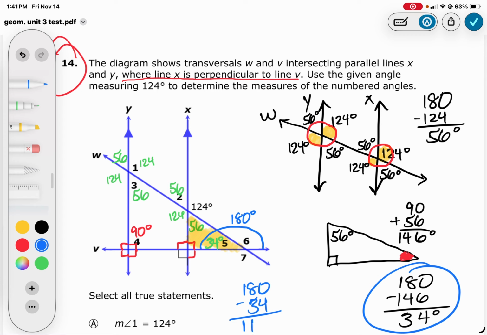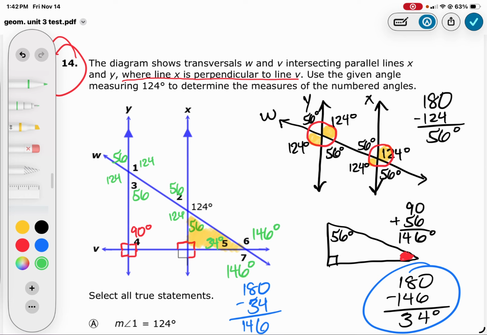It's 146. Oops, that looks like a 9. Let's make it look like a 4. So now we know angle 6 is 146 degrees. And angle 6 and angle 7 are vertical angles, so angle 7 is also 146 degrees.